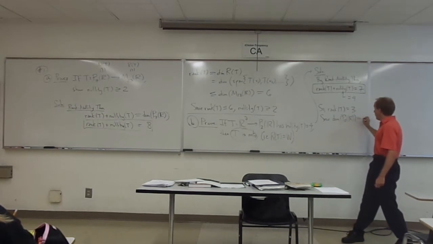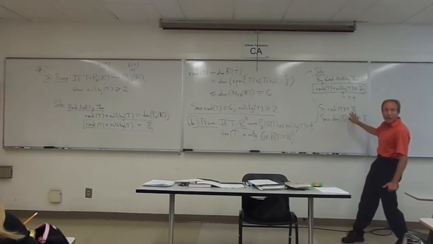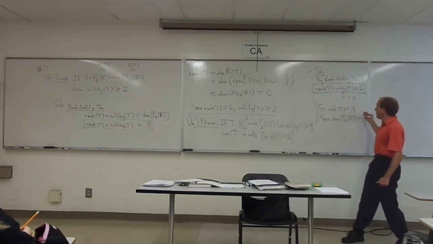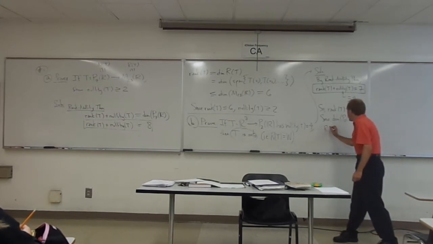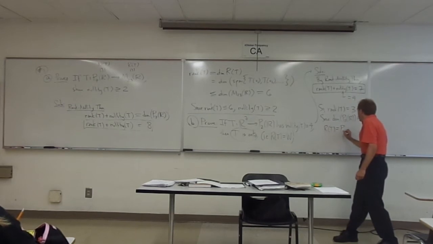It's also 3, so these are the same. The R of T is a subspace of P2 of R. Therefore, if they have the same dimensions, they must be equal. So R of T is equal to P2 of R, and thus T is onto.